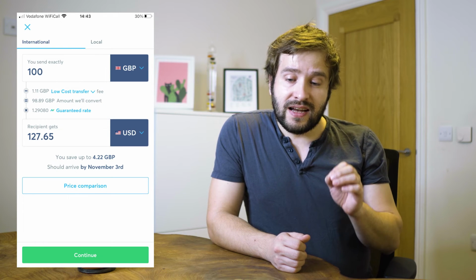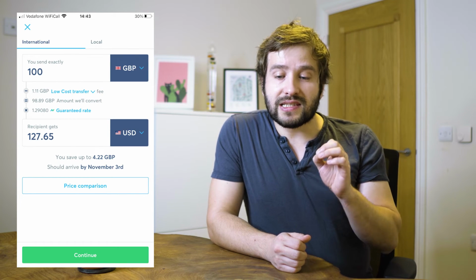With Transferwise, I only got $127.65, so a bit less because of their fee structures. I got a 1.2908 exchange rate, so almost exactly the same as with Starling. But I had to pay a £1.11 fee, which is why I got less dollars in the end.